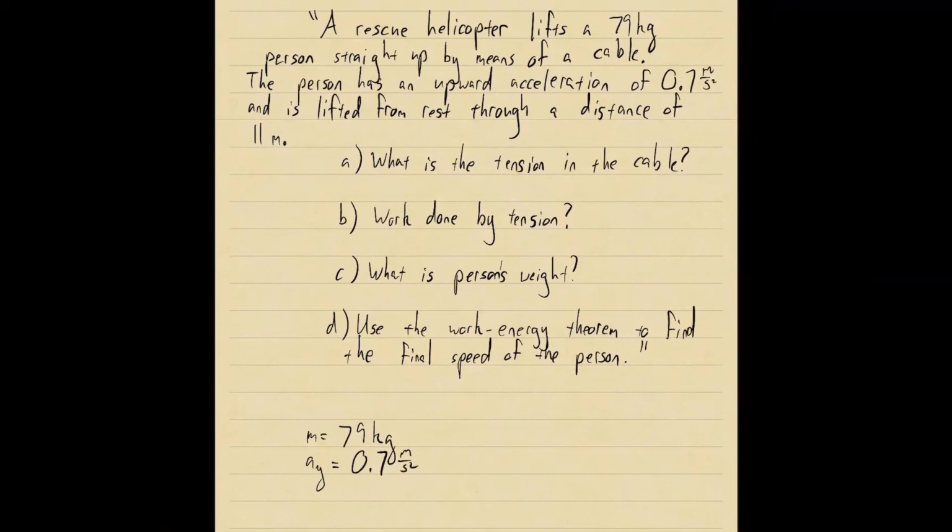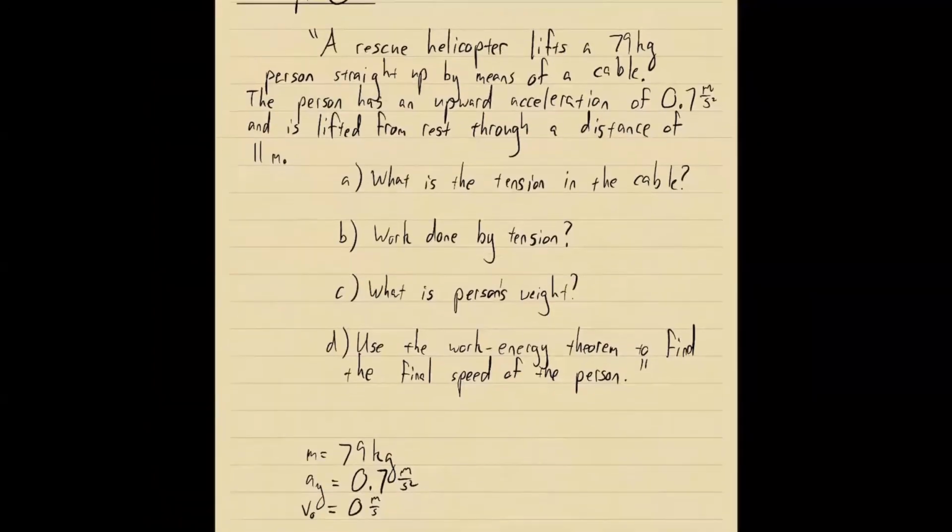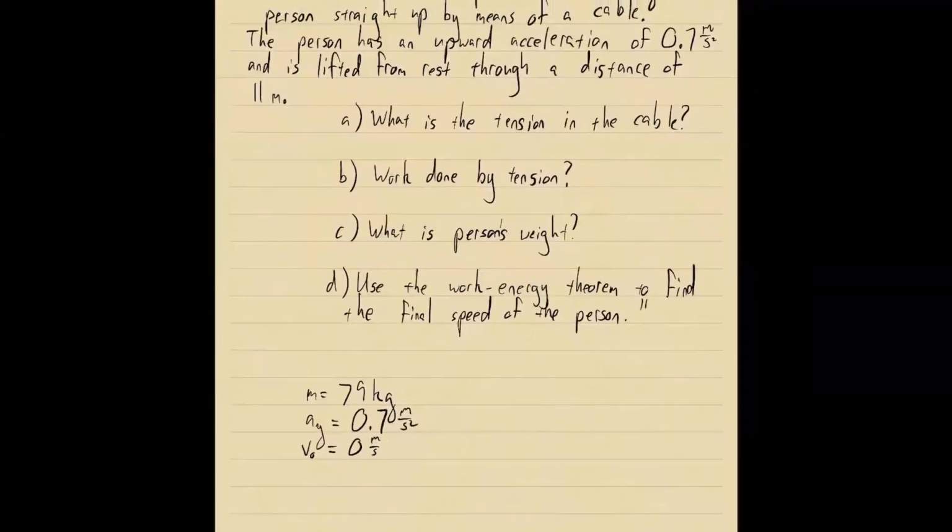Right? So the person is initially lifted from rest, so the initial velocity of the person is 0 meters per second. And the final speed of the person is something the problem wants us to find, but the displacement D is 11 meters upwards.